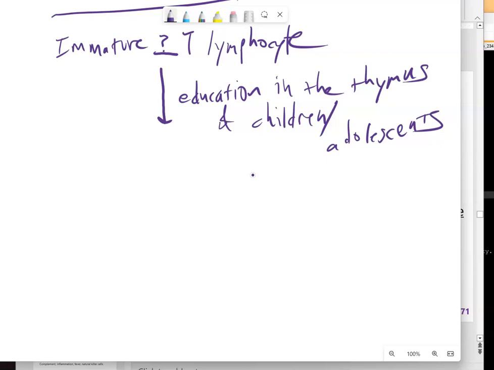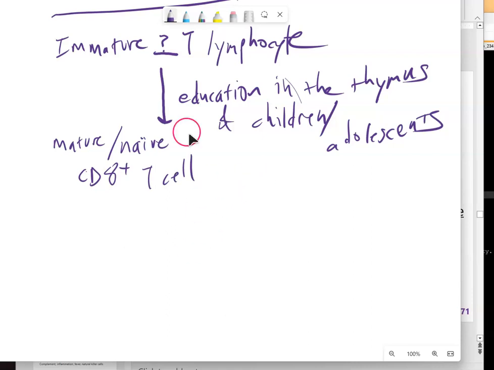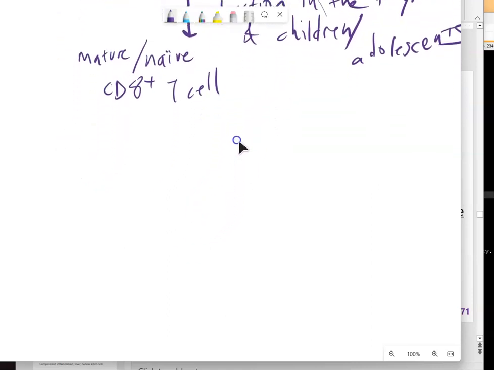It is a brutal process where a lot of cells get recycled and become cell material because they don't pass through this process. But we'll talk about that in another video. Here I just want to say our little cell passes through education and it becomes a mature, naive, CD8 positive T cell. Okay, so that's what it is after it succeeds in education. And what happens in that education, we'll talk about in a little bit.